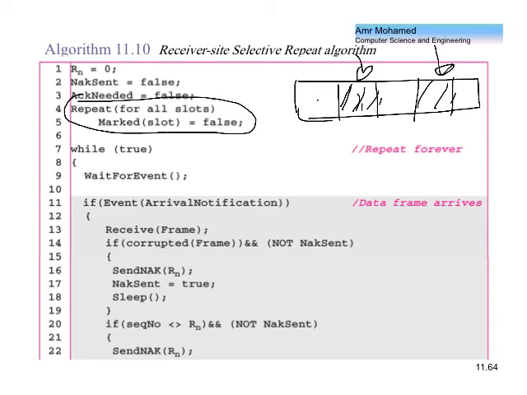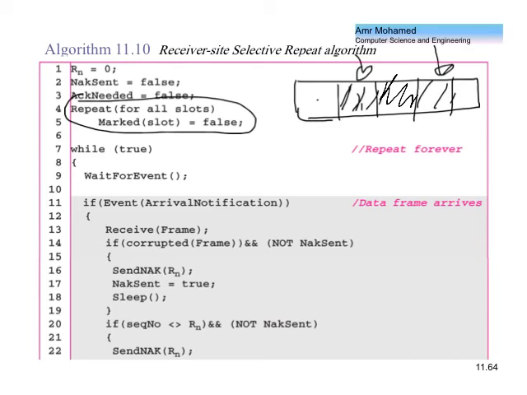I actually receive this frame before this frame, right? And then I receive this frame before this frame, right? Later on, this frame at the sender has been timed out. So the sender will retransmit this frame.